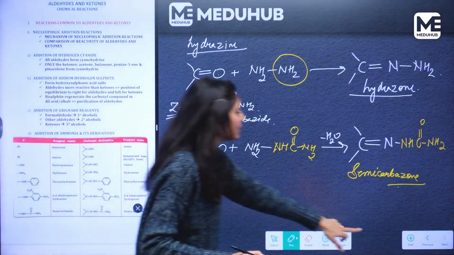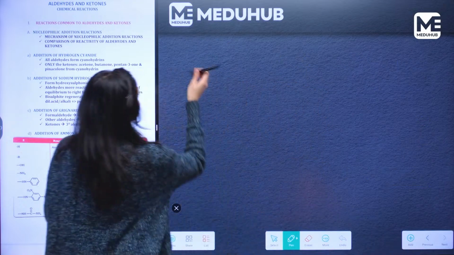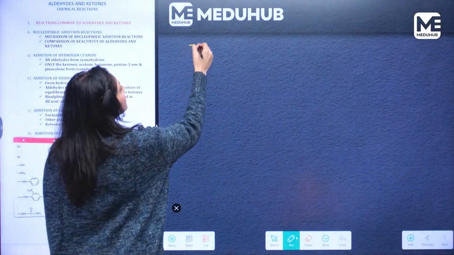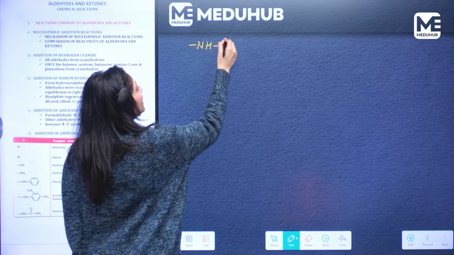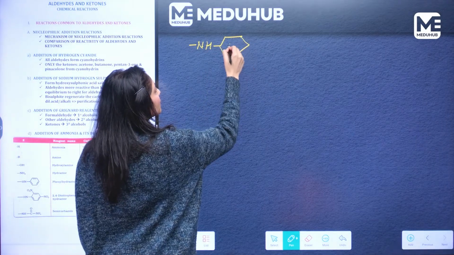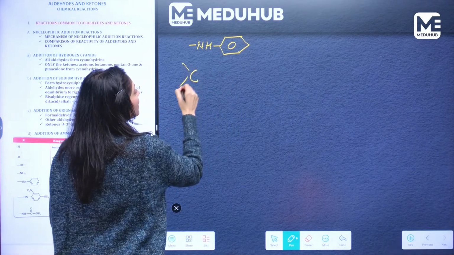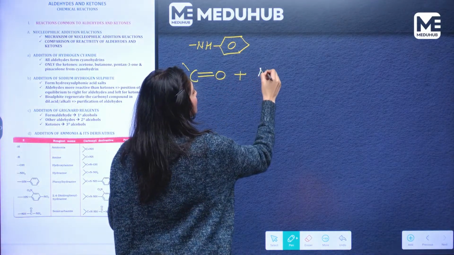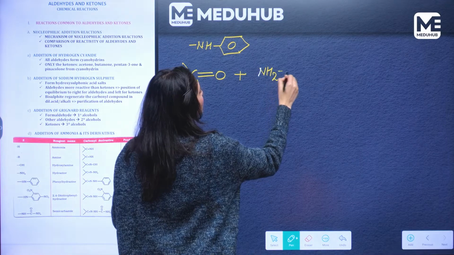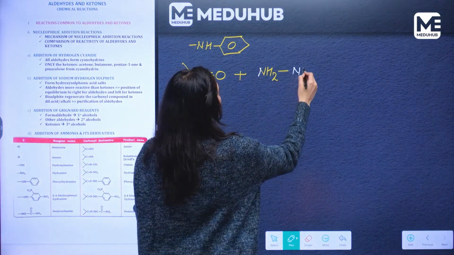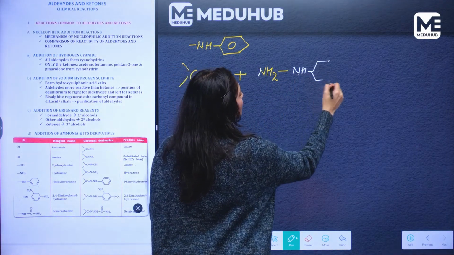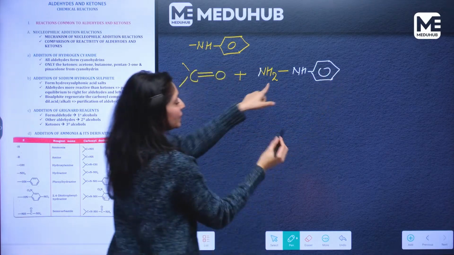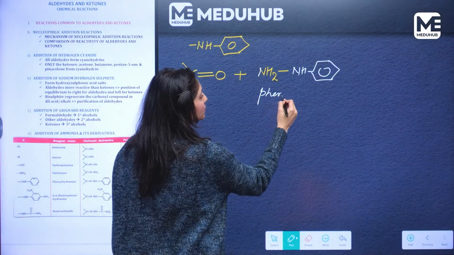Right? The Z can also be phenylhydrazine. That is NH attached to a benzene ring. So if we have a carbonyl compound reacting with phenylhydrazine, NH2, this one, phenylhydrazine.